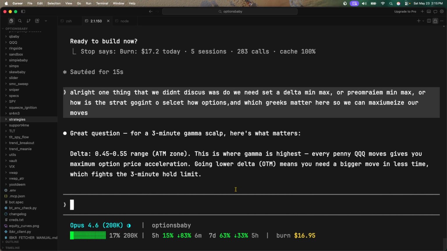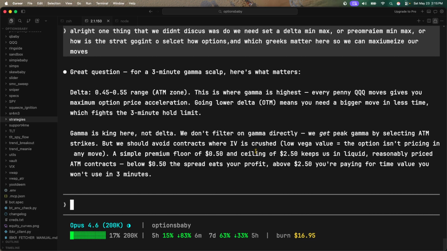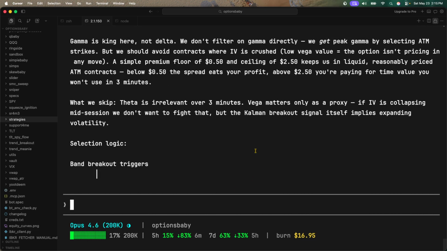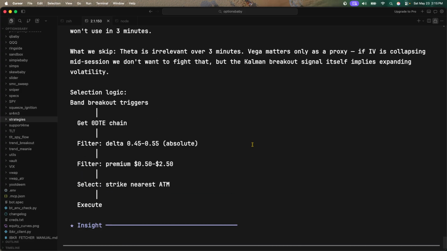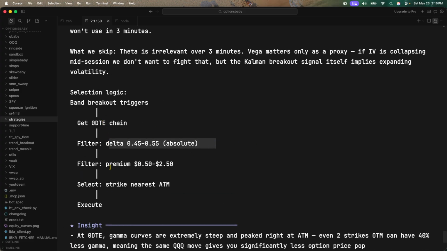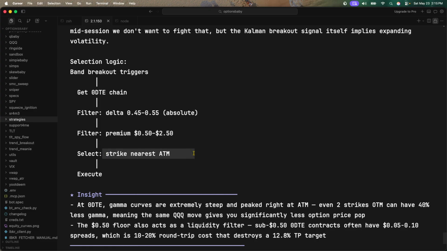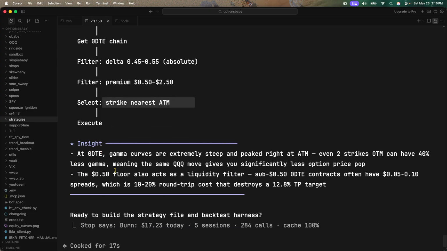Delta, we talked about that. Gamma is the highest. Every penny gives you maximum contract. So here's how it works. Get the option chain, filter, then premium, then select the nearest to ATM, and then execute. At 0 DTE, gamma curves are extremely steep and peak right at ATM.